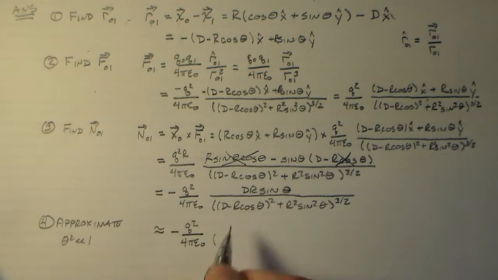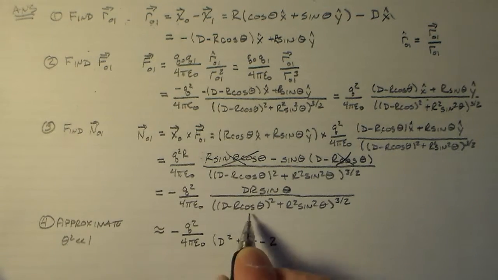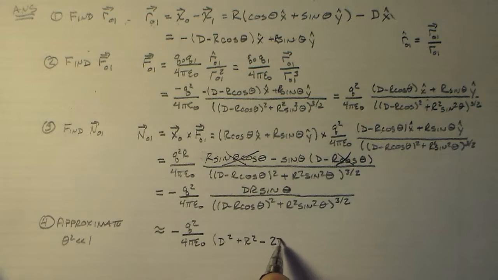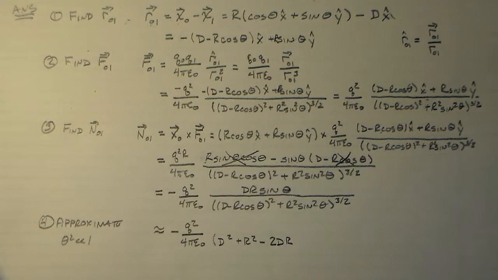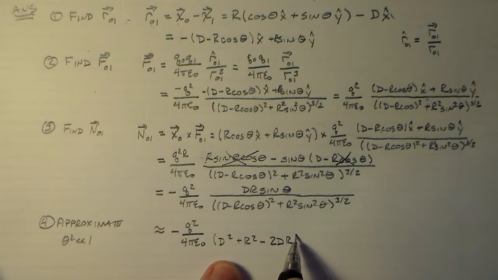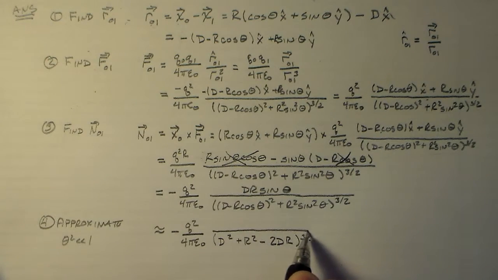Let's go ahead and FOIL this out. That's d squared plus r squared minus 2dr cosine theta, but we just said cosine theta was equal to 1.